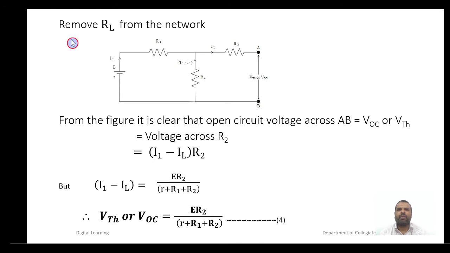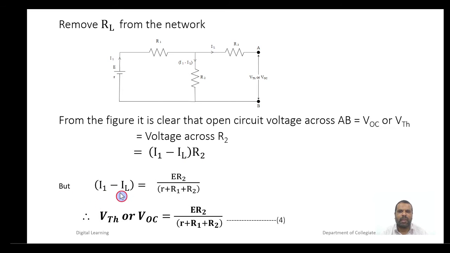Remove RL from the network. The circuit will look like this. From the figure, it is clear that the open circuit voltage across AB is equal to VOC or VTH. That is equal to the voltage across R2, which is equal to (I1 minus IL) into R2.